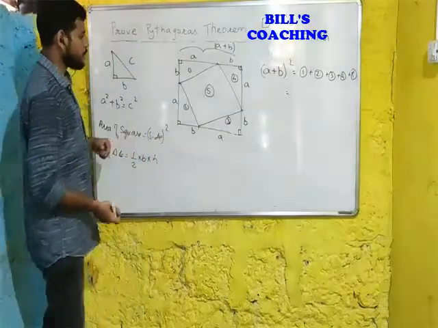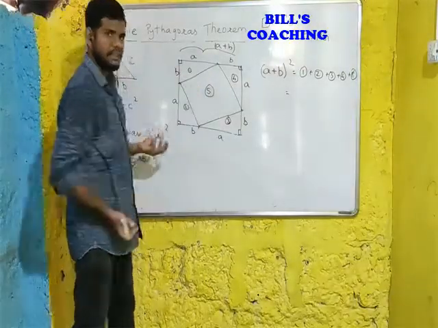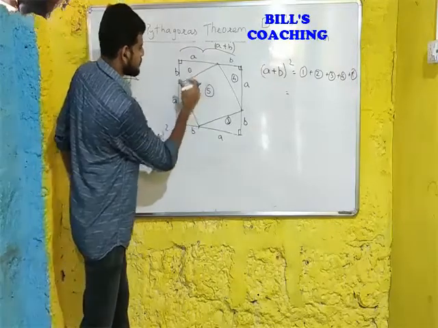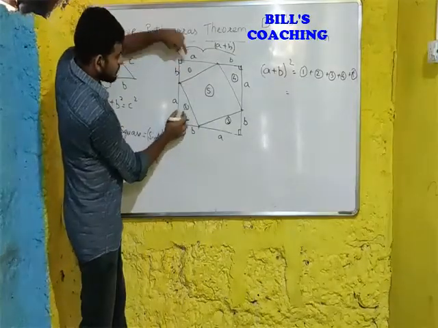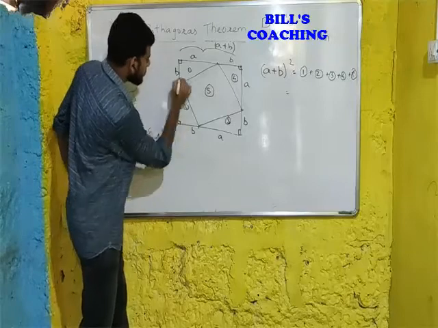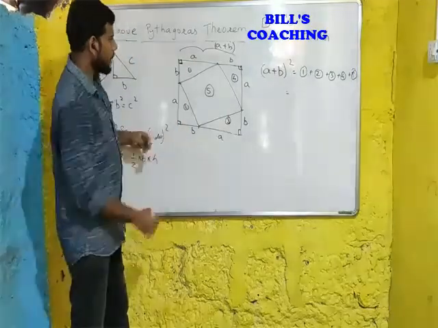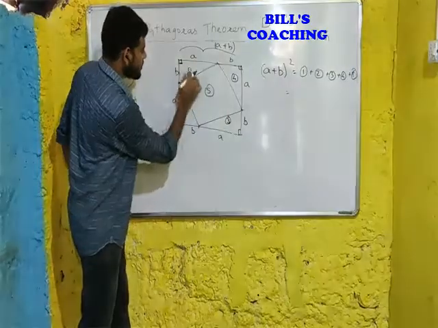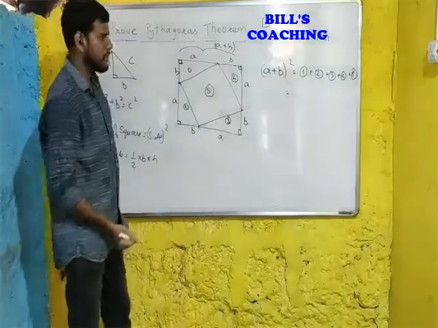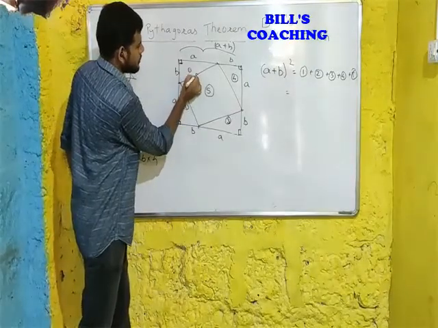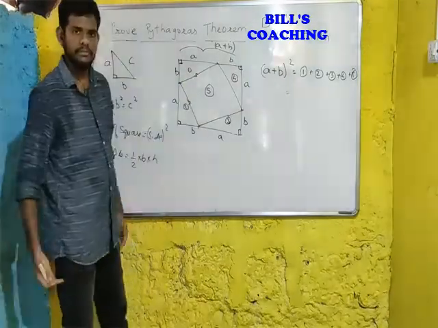Now look at this carefully. This is the AB length. Consider this triangle. This is 90 degree, one angle. A is equal to A, B is equal to B. We can say that this triangle is equal to this triangle, and this side is equal to this side.